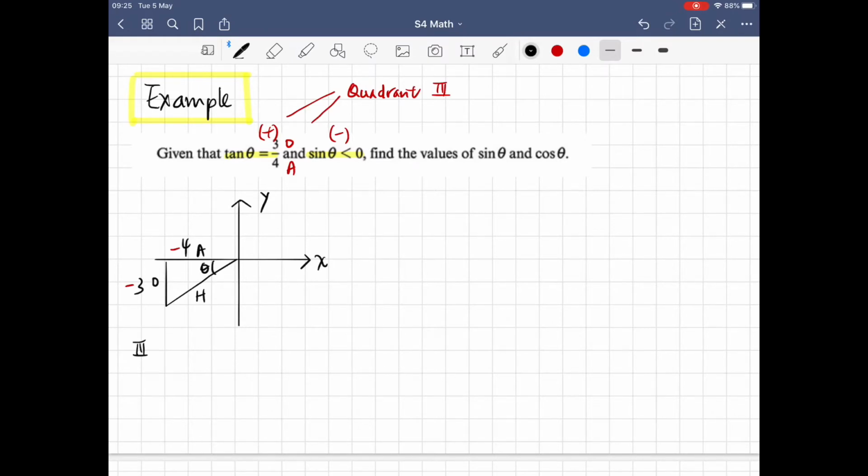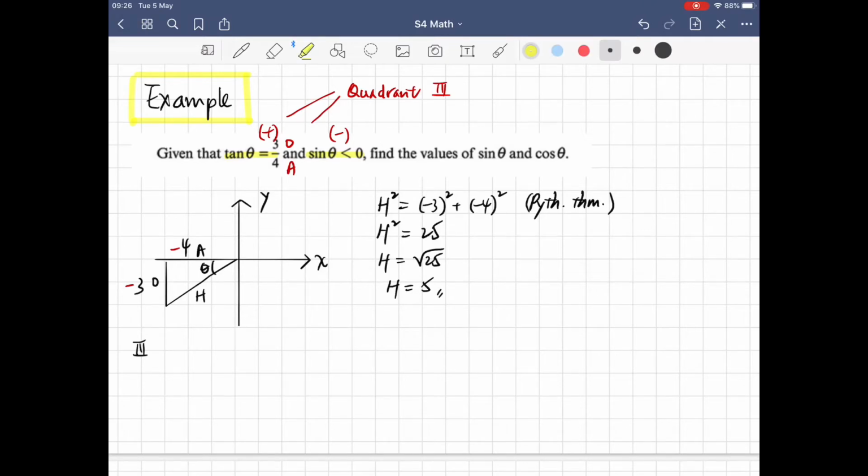Okay, so first we have to calculate the h using the Pythagoras theorem. So negative 3 squared plus negative 4 squared, okay, so h squared equals 9 plus 16, so it is 25, and h will be the square root of 25, and h is equal to 5.